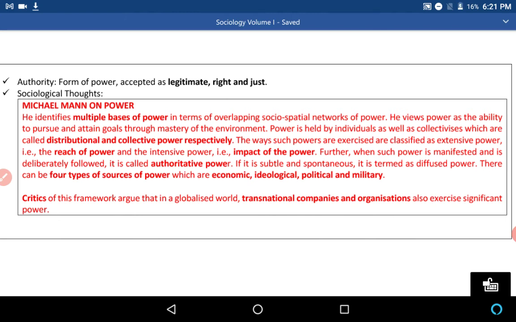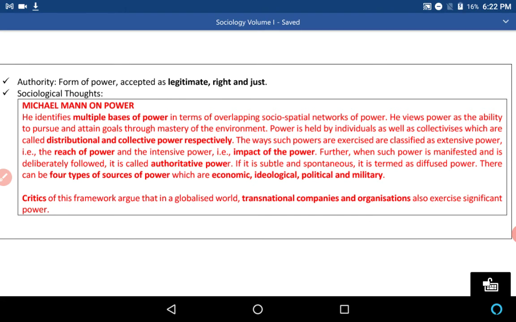And he is not of the view that power is held by individuals alone. He says that even the common masses can have power through collectives. And he differentiates between distributive and collective power, respectively.